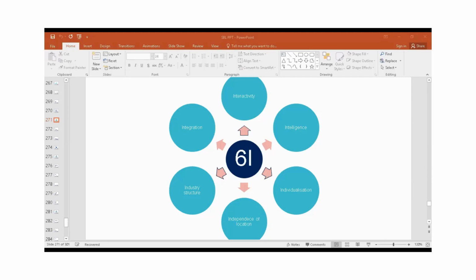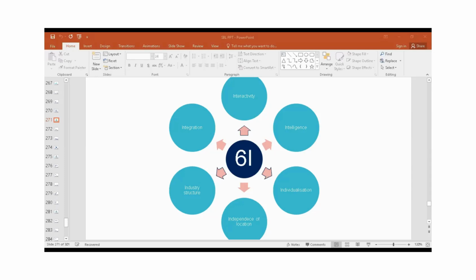It may not be an actual human being present there, but a bot or a chat message which comes up asking what you are looking at. Then whatever is the requirement of the customer, things can be catered accordingly. That is interactivity. Interacting with the customers to understand the mindset of the customers.